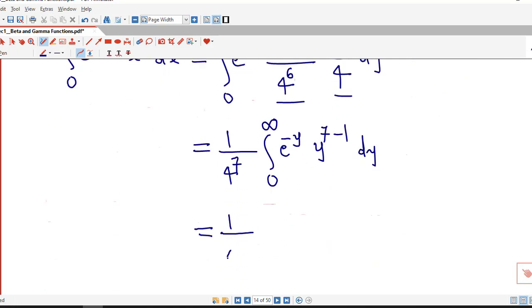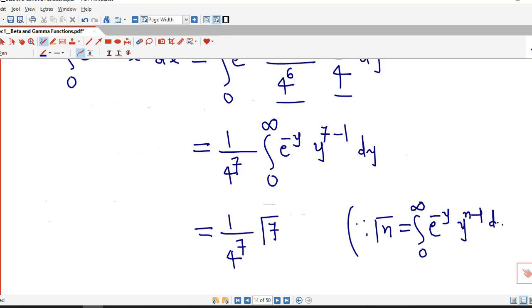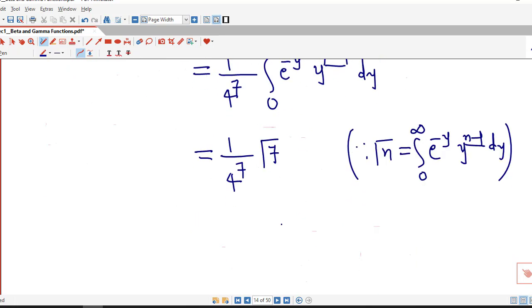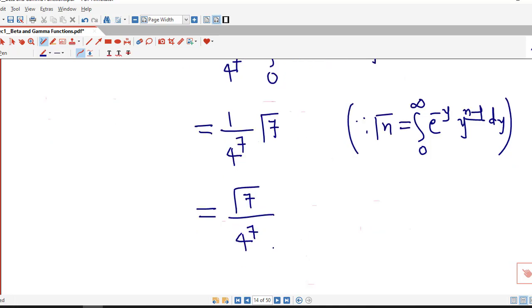So this improper integral is nothing but the value of gamma function at 7, because we know that gamma n is the integral from 0 to infinity of e raised to minus y, y raised to n minus 1 dy. Comparing with n minus 1, n is 7. So we obtain gamma 7 over 4 raised to 7.